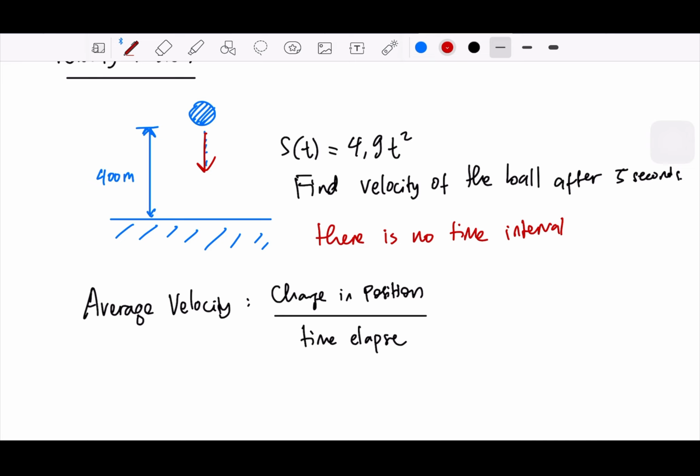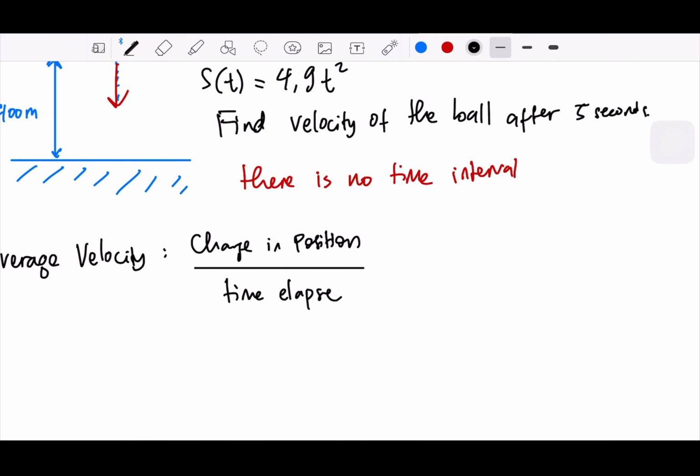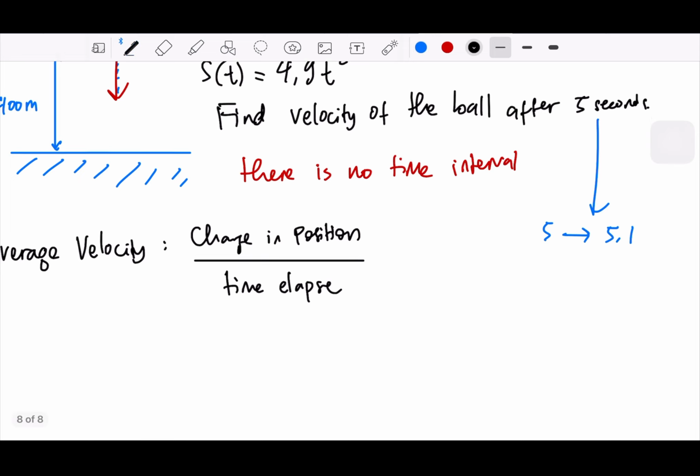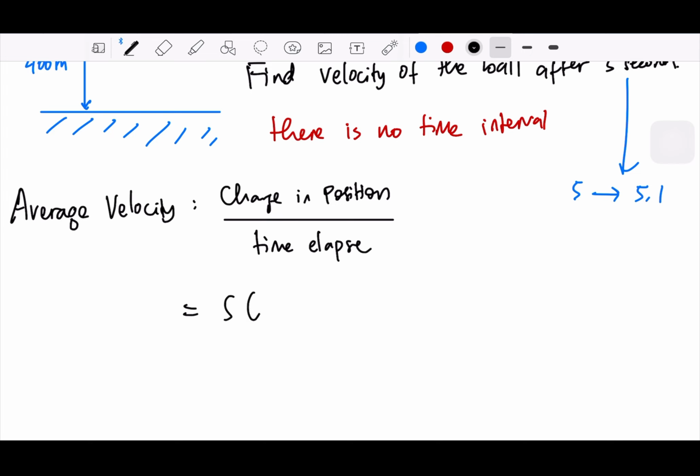Or probably if we are dealing with 5 seconds, we can think of this as maybe from 5 to 5.1. Let's check the numbers.